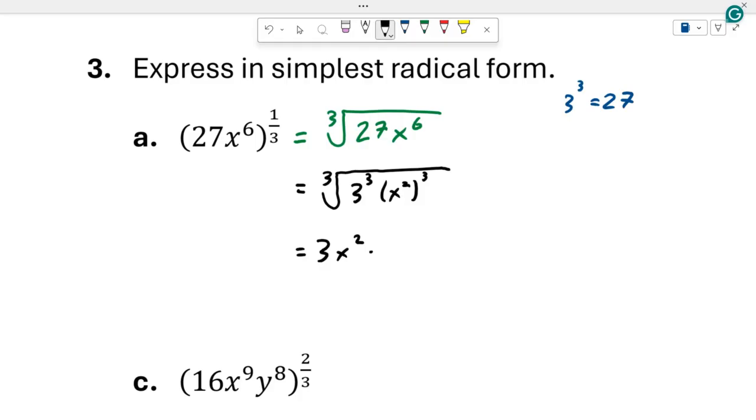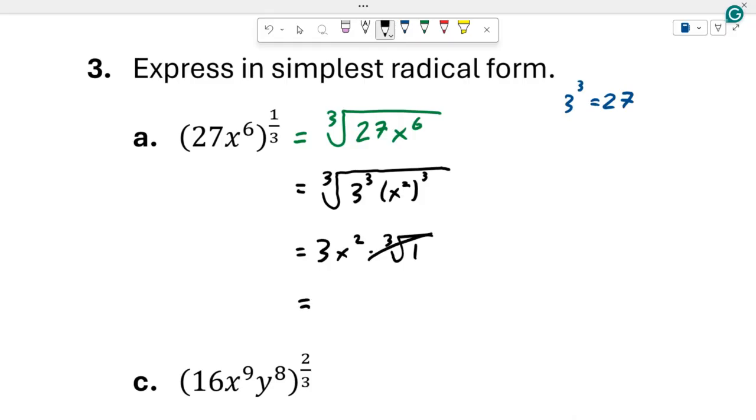The only thing left underneath the cube root at this point is a placeholder of a 1, because I was able to pull everything out from the cube root. I pulled the 27 out and it became a 3. I pulled the x to the 6th out and it became x squared. The cube root of 1 is just 1, so that goes away.